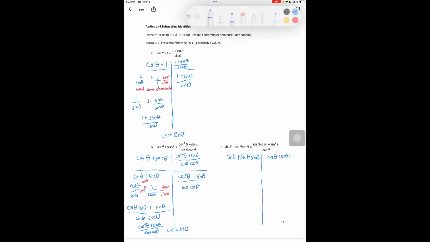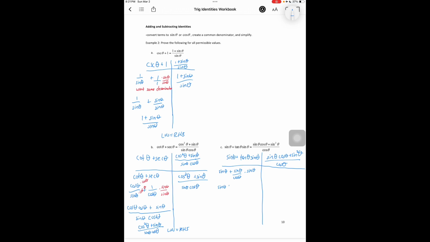Cos theta plus sine squared theta over cos theta. That's supposed to be a plus sign. So here, I'm just going to convert everything into terms of sine and cos. So we know tan theta is going to be sine theta over cos theta times sine theta.